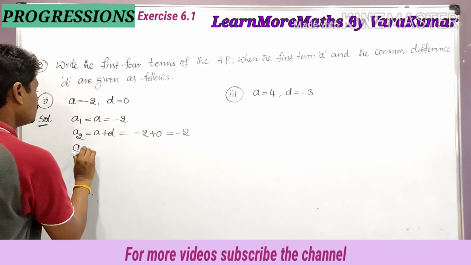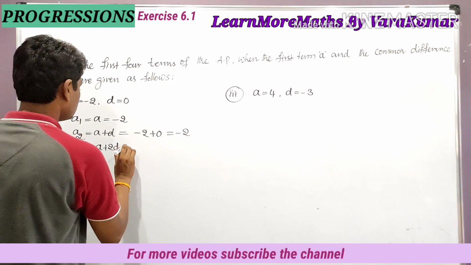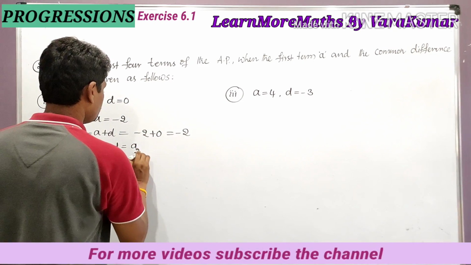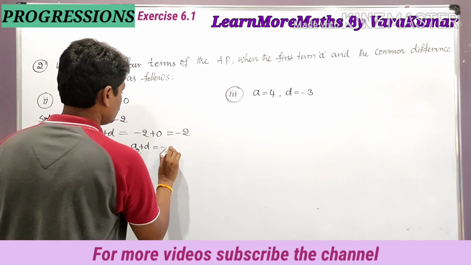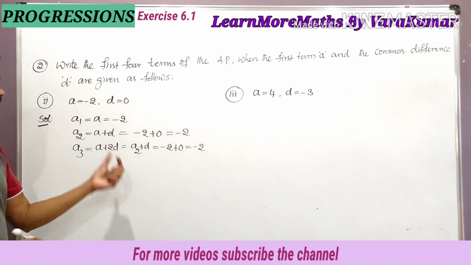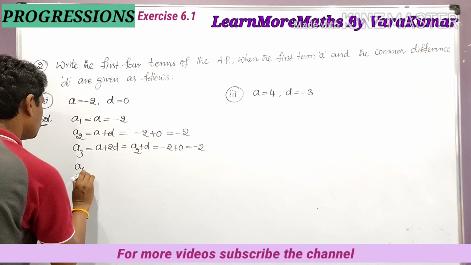Third term a3 is equal to a plus 2d, or it is also equal to a2 plus d. In both ways we can write, that is -2 plus 0, again -2 only.